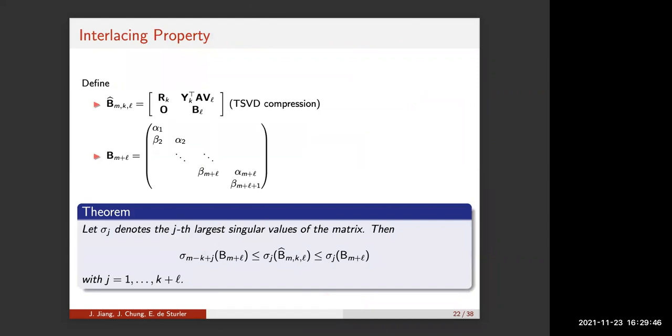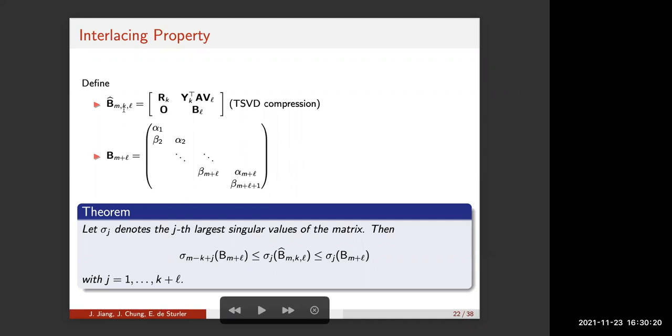We also do some theoretical analysis of our methods. Here I show some easy theorems, and in the paper there is more complicated theoretical analysis. The first one is that we prove our projected matrix and the original projected matrix have the interlacing property, which means their singular values interlace with each other.